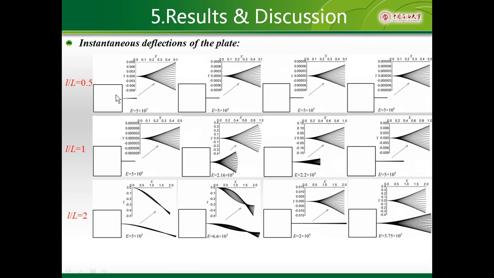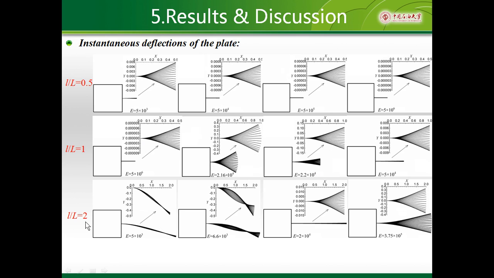This figure shows the instantaneous deflections of the whole plate. As shown in the first row, at a plate length of 0.5, the response of the flexible plate is very small. At a plate length of 1, the flexible plate experiences large-scale oscillation of the first mode in the lock-in region.